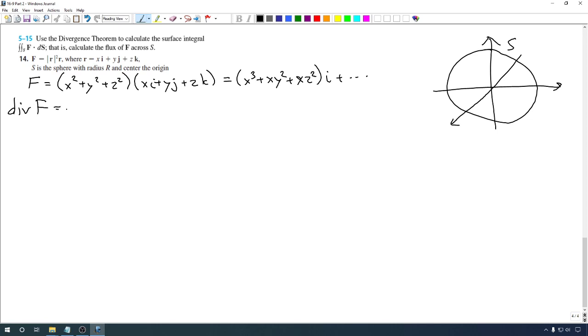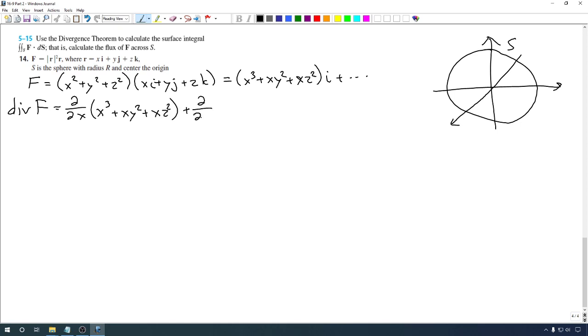Of course, we're going to be using the divergence theorem here. We could actually integrate this over the sphere itself. That probably wouldn't be too bad, but let's go ahead and do what they say. So we're taking the derivative of the first component of F with respect to x, so we're differentiating x cubed plus xy squared plus xz squared.